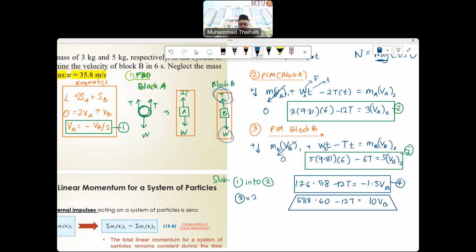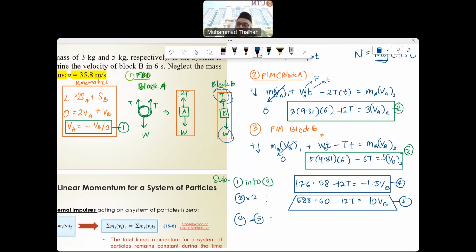That is fine. Can you see 4 and 5? You can eliminate the tension, right? So 4 minus 5. You will get minus 12t minus negative 12t, which is 0. So you can solve for V sub B.